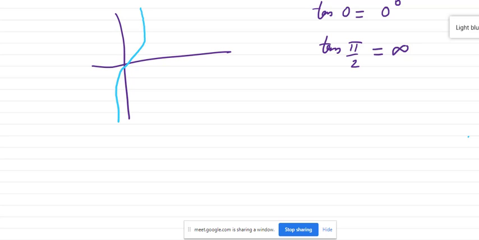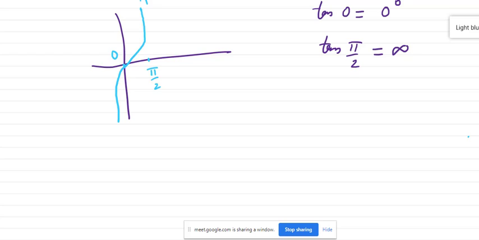It's 0 for this, and this line is not touching anywhere in the graph, so this line goes on and continues. Here it's pi by 2, and for this the value is infinite, not defined where it will lie.